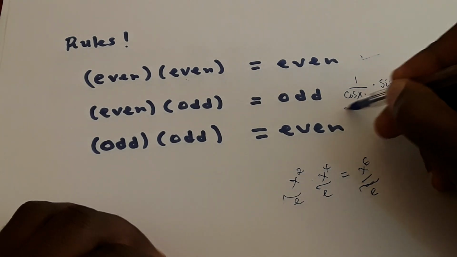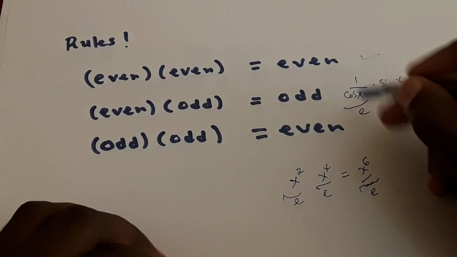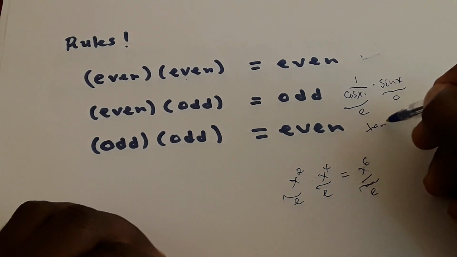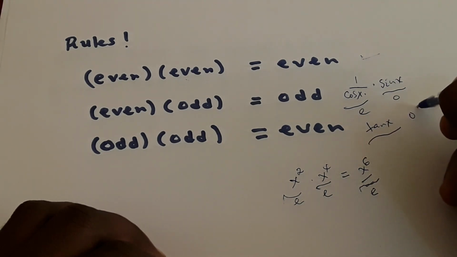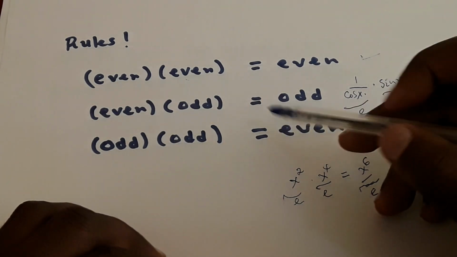So sine x times 1 over cos x means tan x. So this tan x is an odd function. Even times odd is odd.